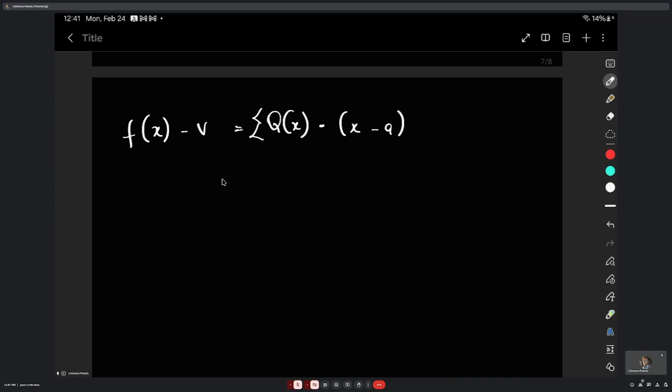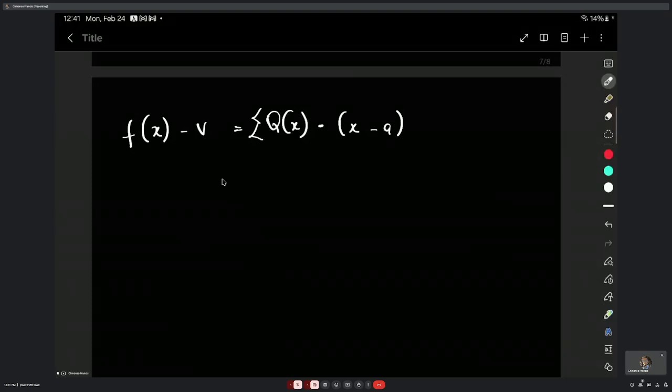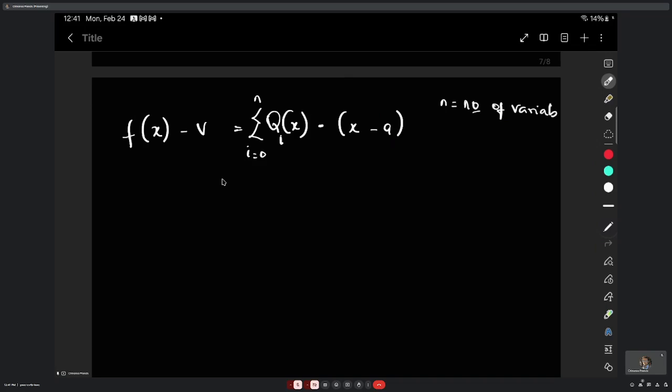We are going to do an example, right? Let's say I equals 0 to n, where n is equal to the number of variables.